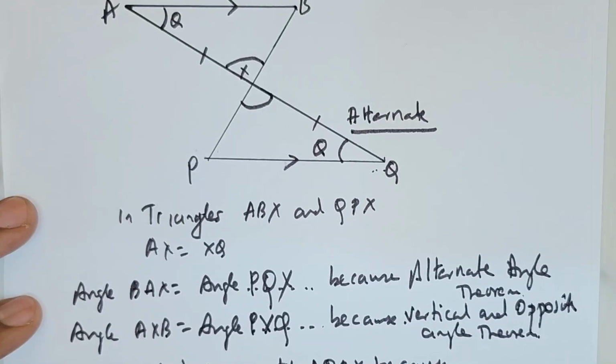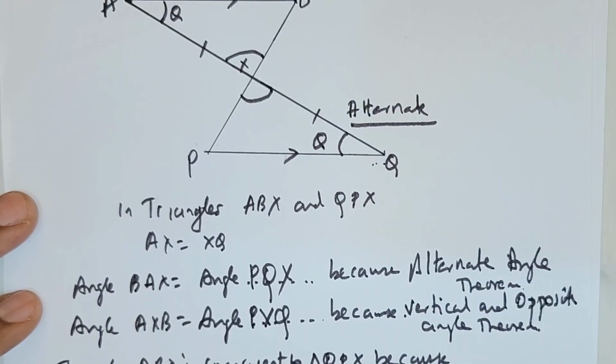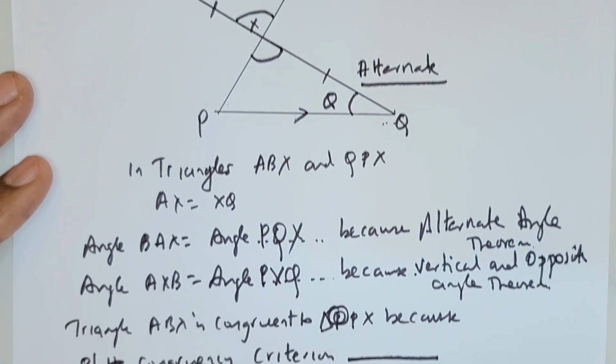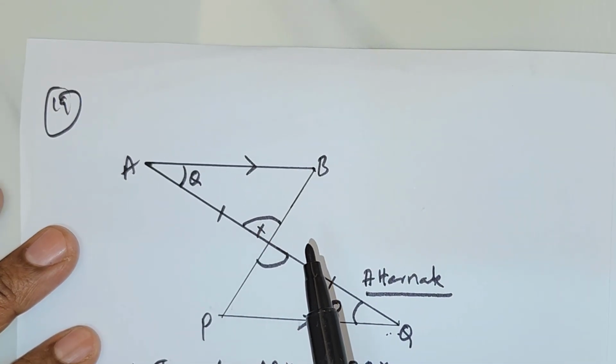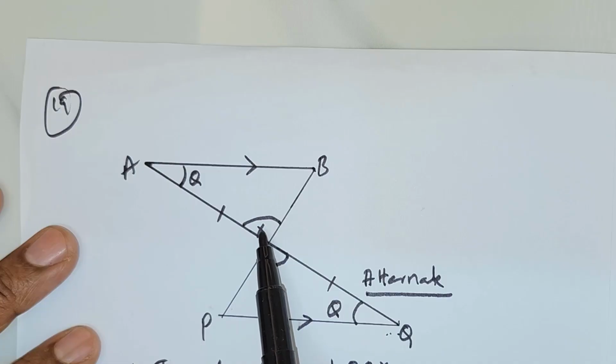That's the solution. Now triangle ABX is congruent to triangle QPX because of the congruency criteria. So we need to state that criteria there. Now clearly you can see we can start like this.